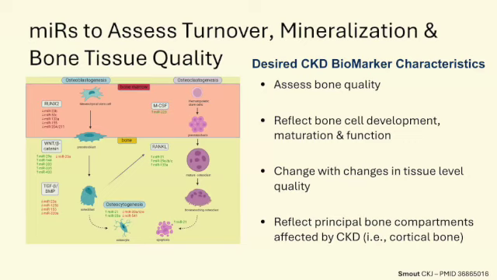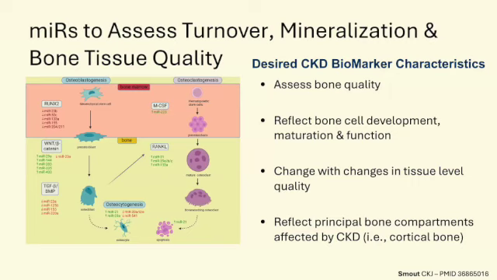In the bone world, there have been a number of microRNAs that have been identified that control various aspects of bone quality. And for a desirable CKD biomarker, we would want the microRNAs to assess bone quality, reflect what's happening at the bone cellular level. We would want to see that there's a change in these biomarkers with changes in tissue level quality.